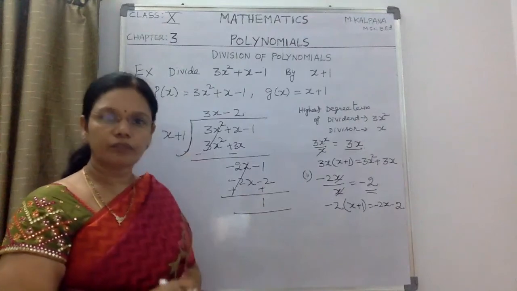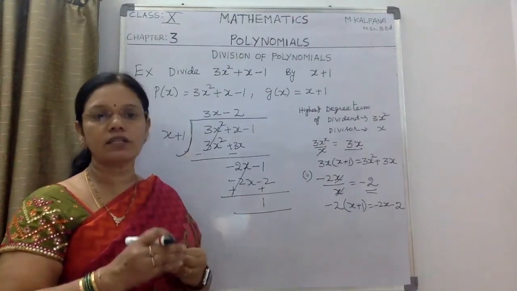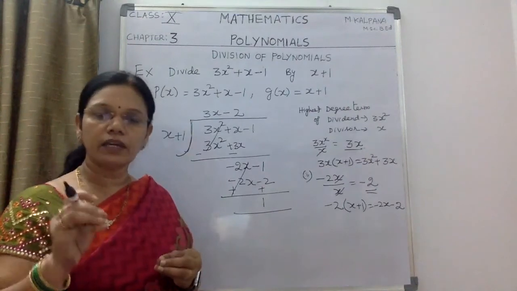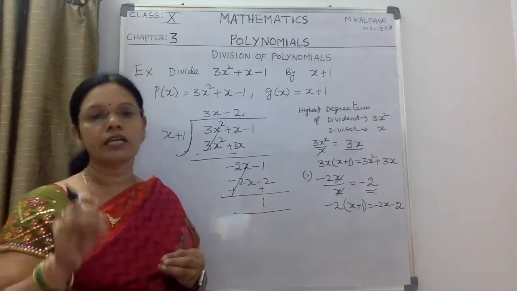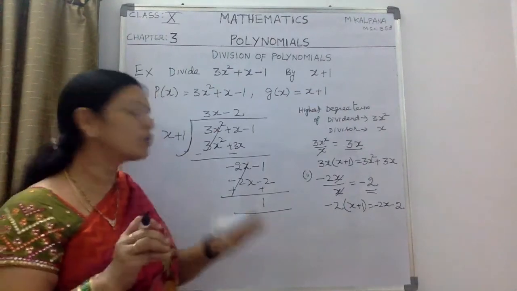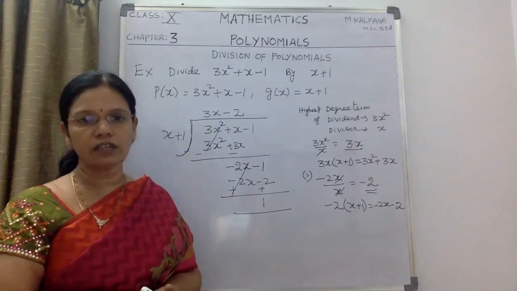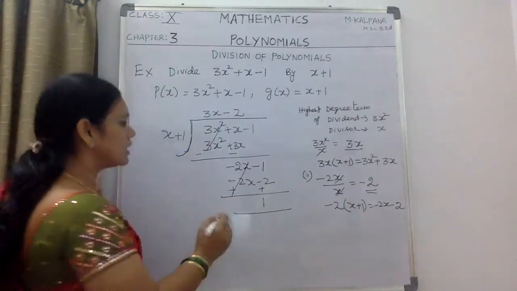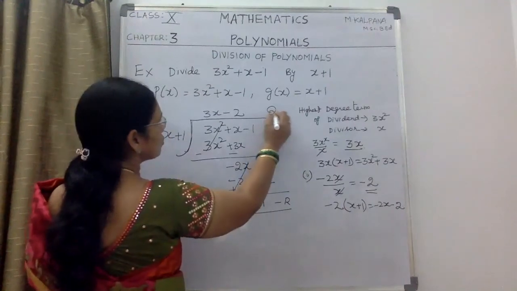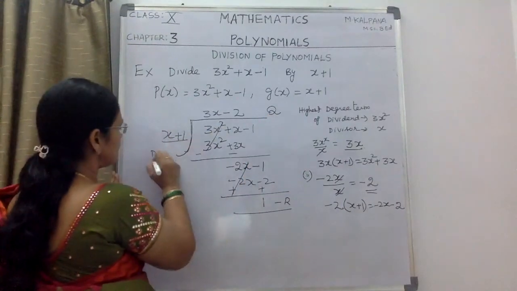So you are going to do the process until you get remainder 0 or degree of remainder is less than the degree of the divisor. There you can stop the process of the division, children. Okay. Now 1 is the remainder. 3x minus 2 is the quotient. We know this is the divisor.